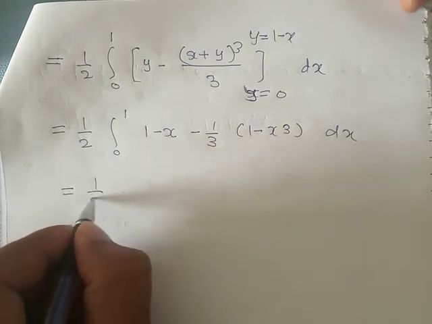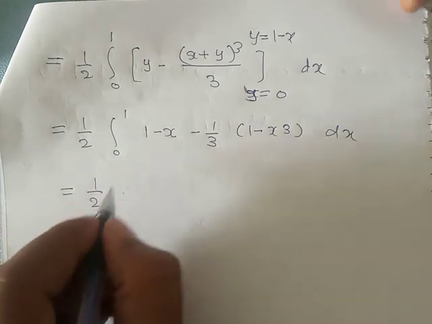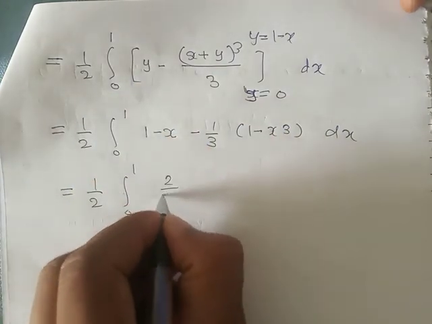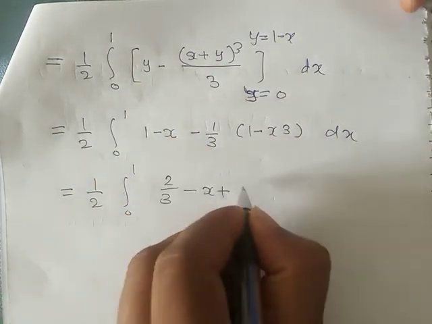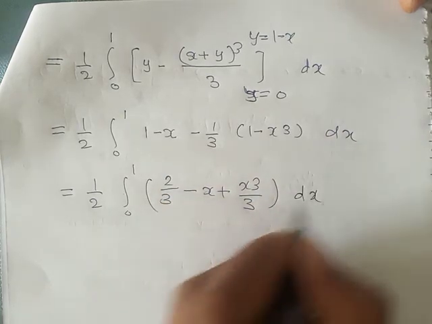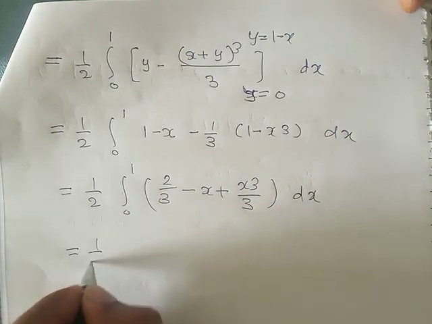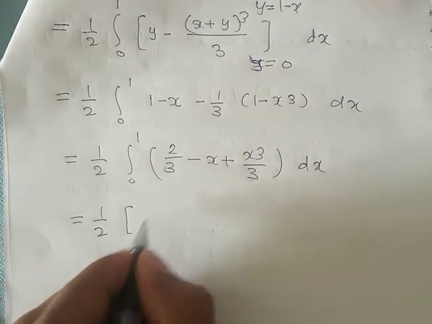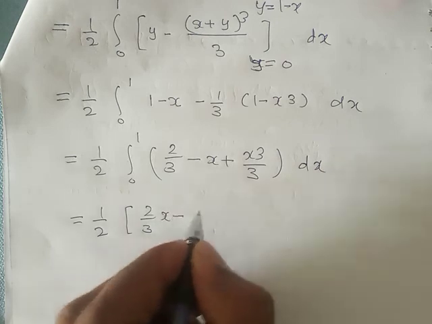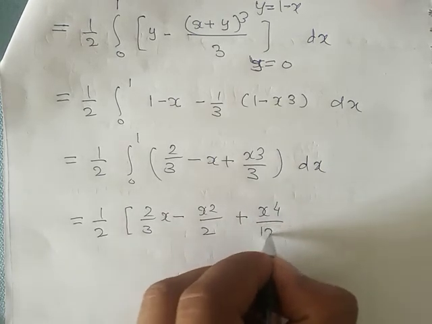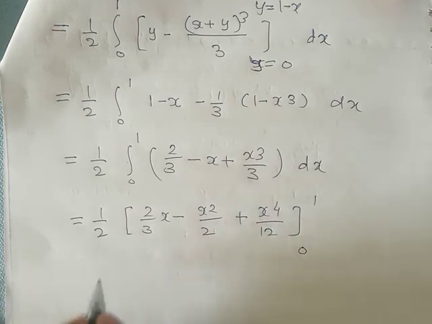And finally, if we solve this integral, or if we simplify first this, we get 2 by 3 minus x plus x cube upon 3 with respect to x. This is equal to 1 by 2. Our integration of this with respect to x is 2 by 3 x minus x square upon 2 plus x raised to 4 upon 12, 0 to 1.